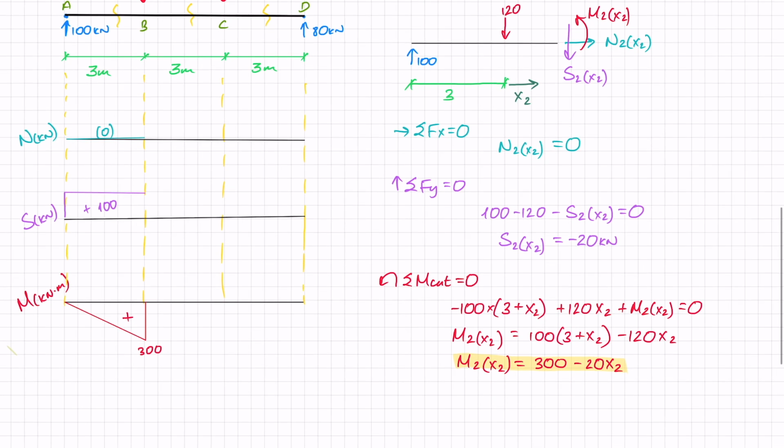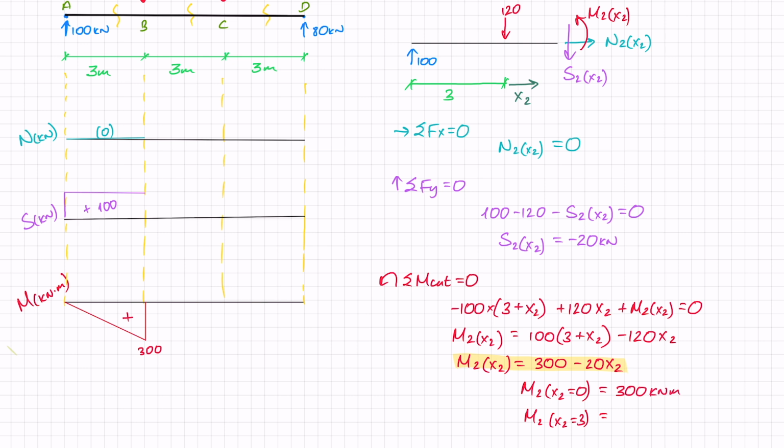Once again, let's check what happens at some interesting points. I want to know what happens exactly at point B, so when x2 equals 0, and I also want to know what happens when x2 equals 3 meters. So essentially I'm at point C. When x2 equals 0, I get 300 kilonewton meters.